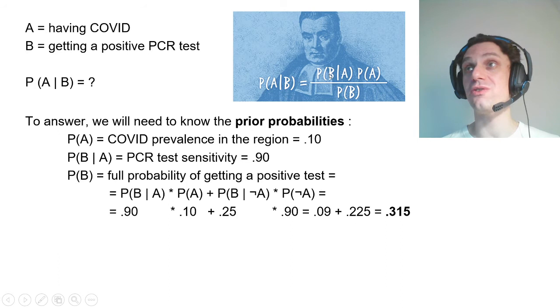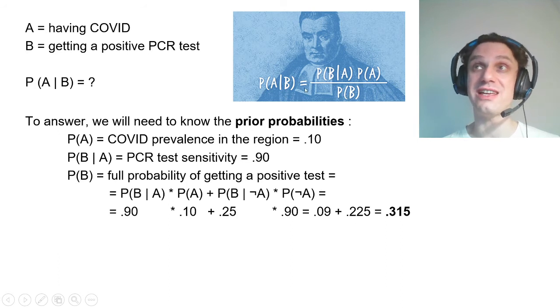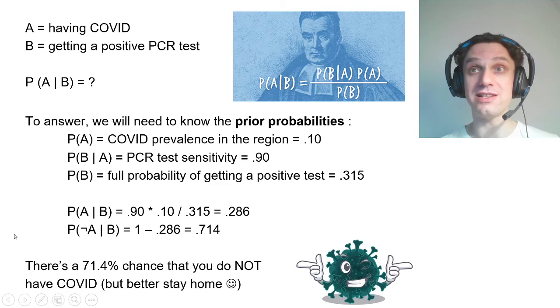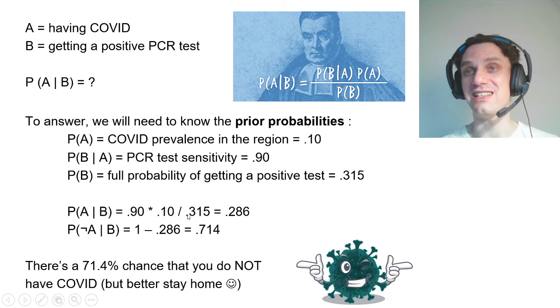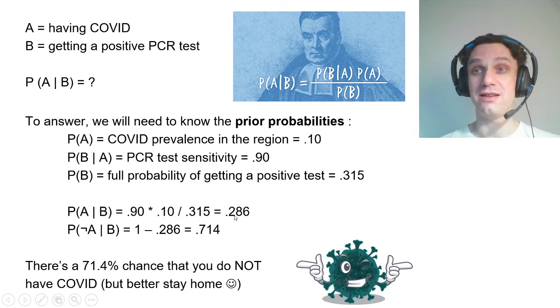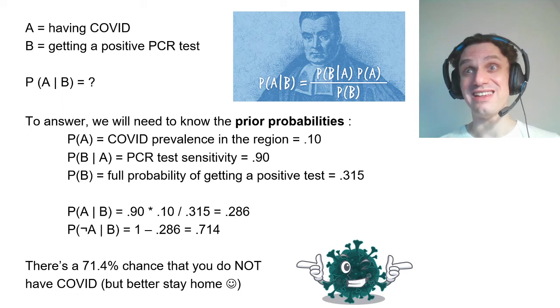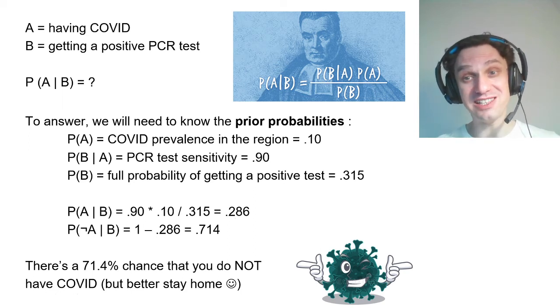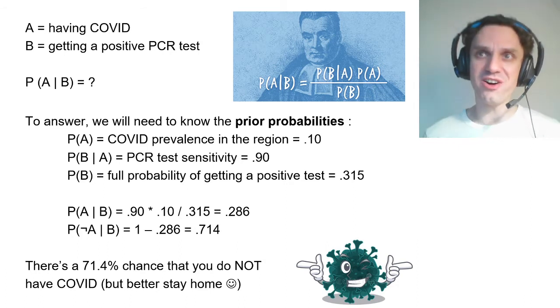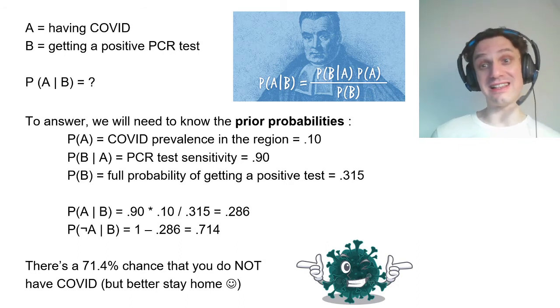And now that we know all three members of this equation, we can calculate this. Ta-da! And the result is 0.90 multiplied by 0.10 divided by 0.315, about 29%. So if you have a positive PCR test, the chances that you are actually infected with COVID are only 29%.